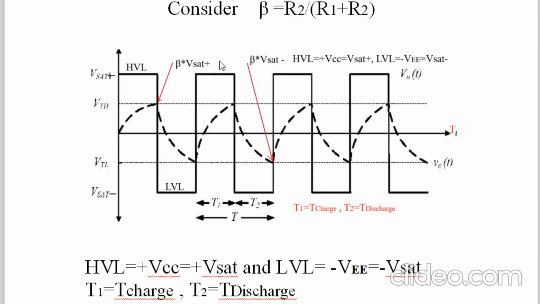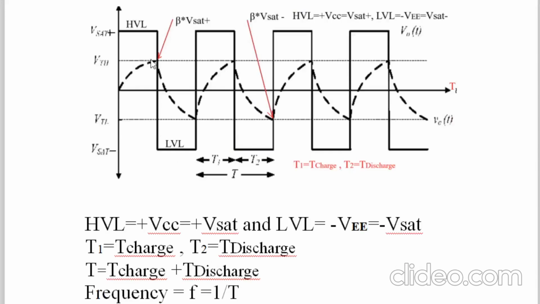So the time required to charge the capacitor and the time required to discharge the capacitor decide the frequency, because the time period is the distance from one positive edge to the next adjacent positive edge multiplied by the time per division knob. But this total time is divided into T1 and T2, where T1 is equal to T charge and T2 is equal to T discharge.